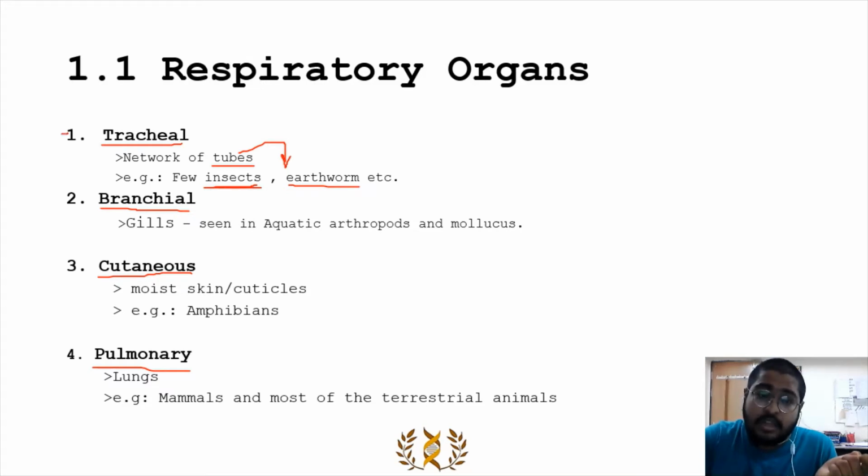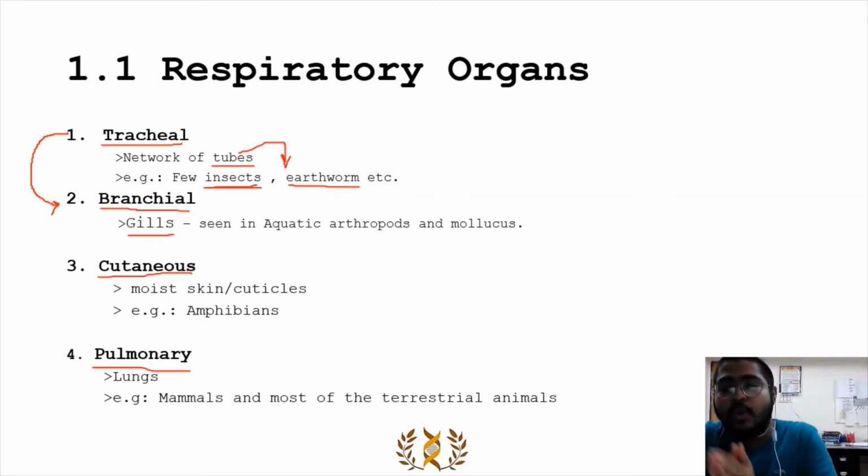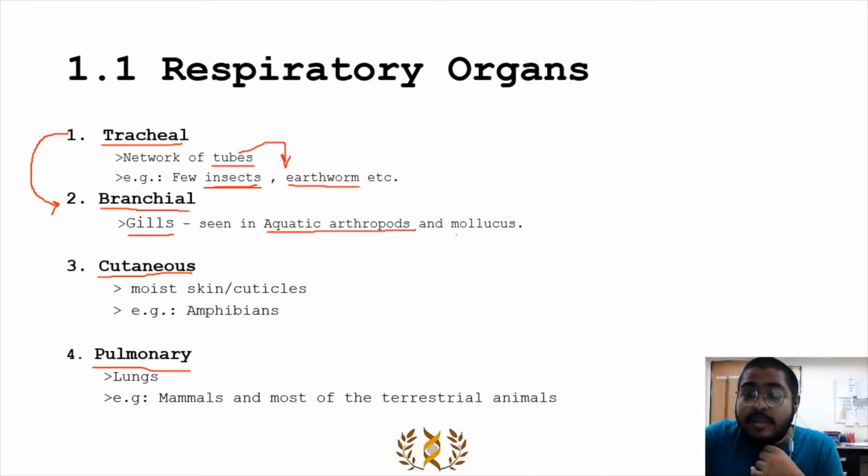The next one, a little more advanced than the tracheal, is the branchial type. These are gills. When we think about gills, we directly tend to relate them only to fish, or a slightly extended aquatic fish family, but they are also seen in aquatic arthropods and mollusks.